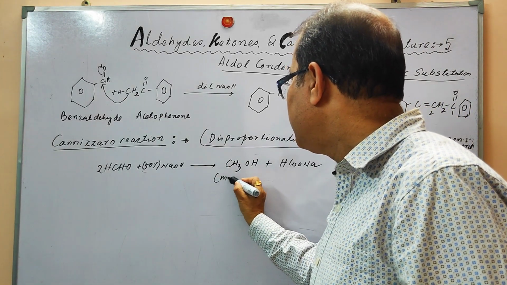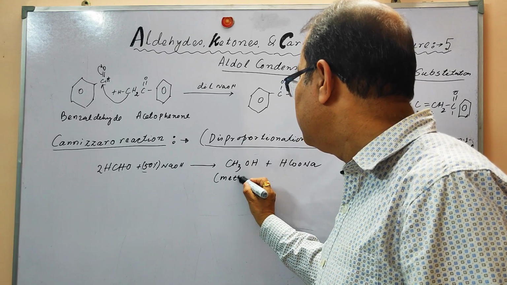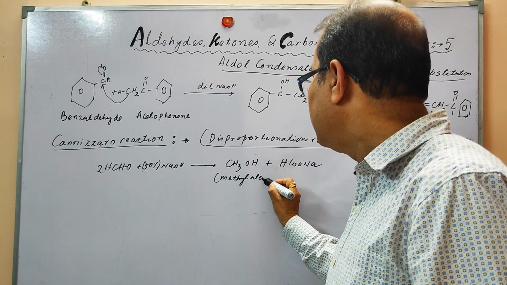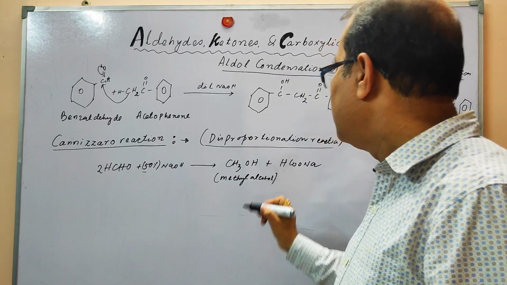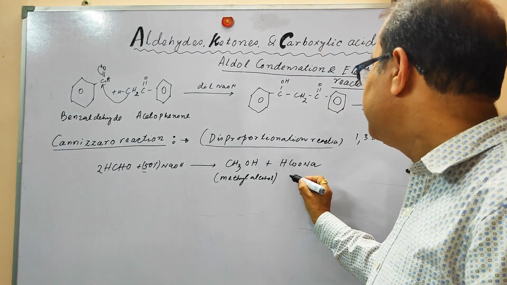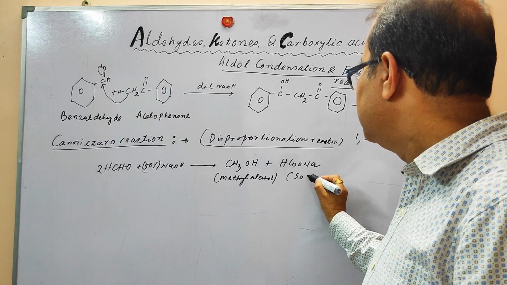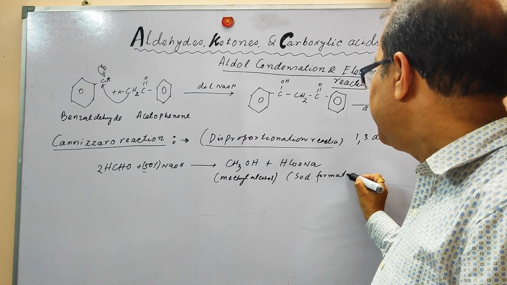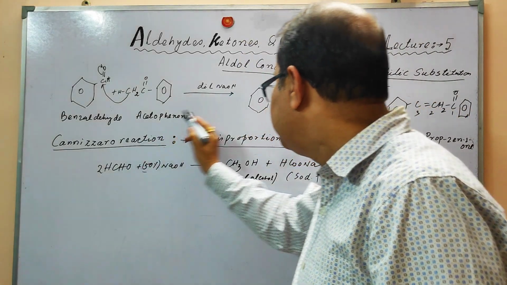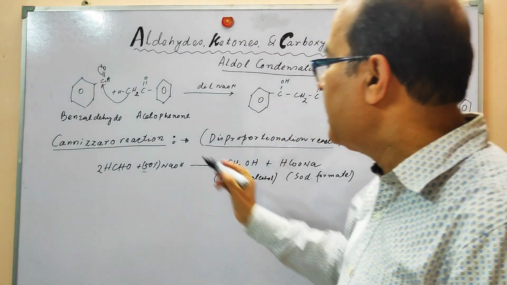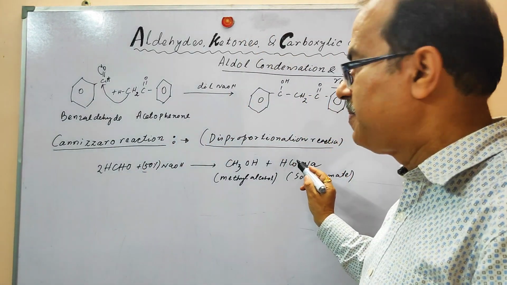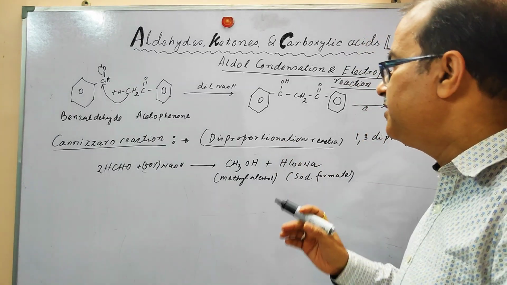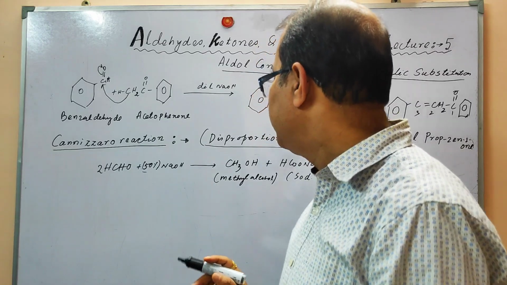So this is methyl alcohol or methanol, and it is sodium formate. Here you can see one molecule has been reduced and another molecule is oxidized. This is called a disproportionation reaction, a self-oxidation and reduction reaction, and this is called the Cannizzaro reaction.